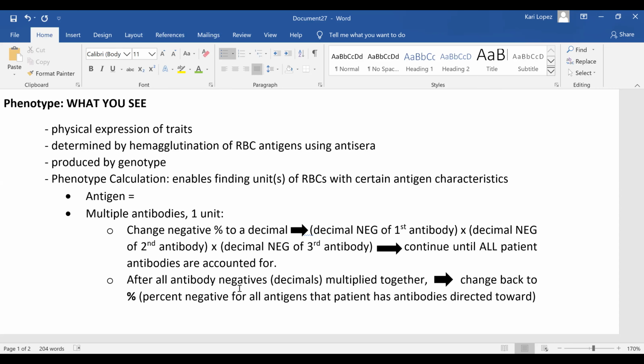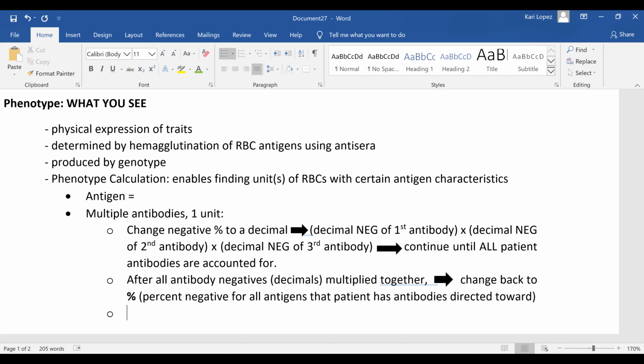After all the antibody negatives in decimals are multiplied together, you change it back to a percent, and that is the percent negative for all antigens that a patient has antibodies directed towards.